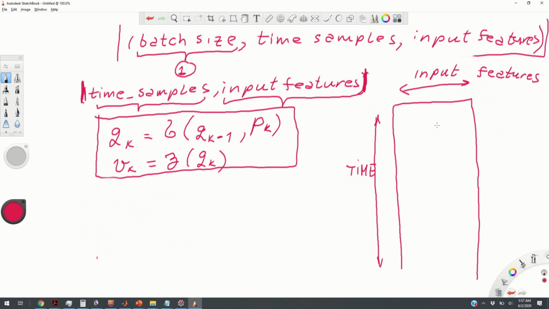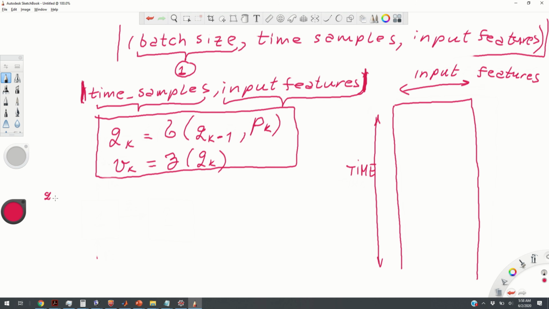Now, to properly define this vector, let us look at the simplified model of a recursive or recurrent neural network. Qk is a vector of internal variables, or your state vector. Pk is your input vector and Vk is your output vector. So what happens at time instant k=1?